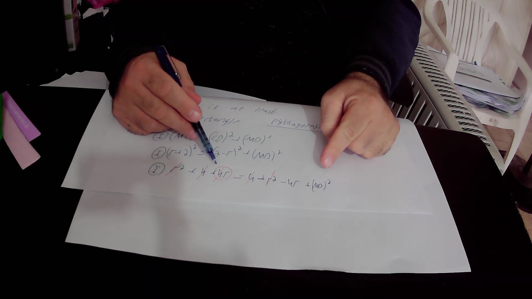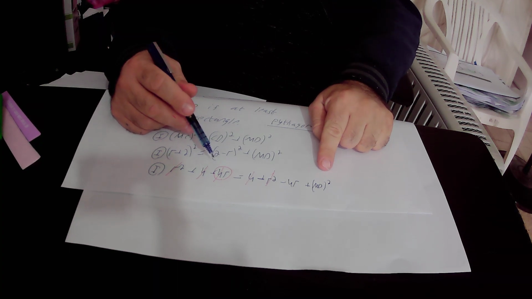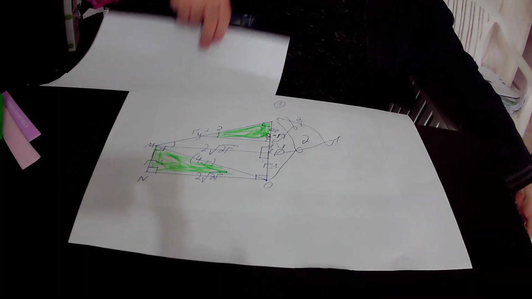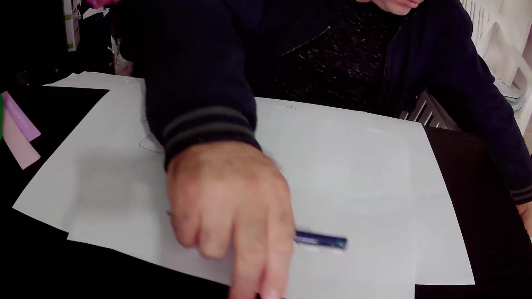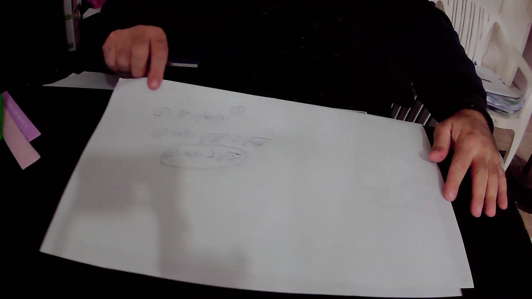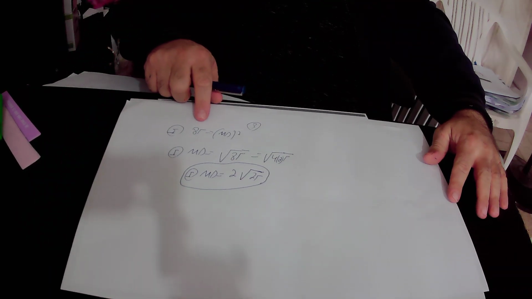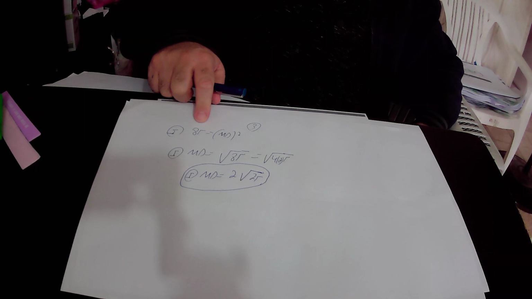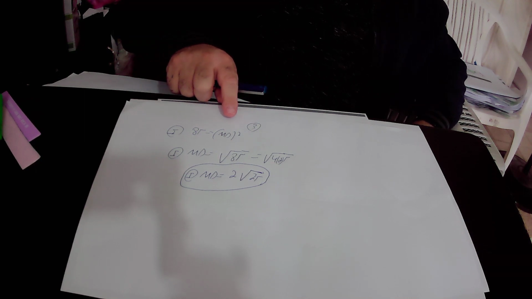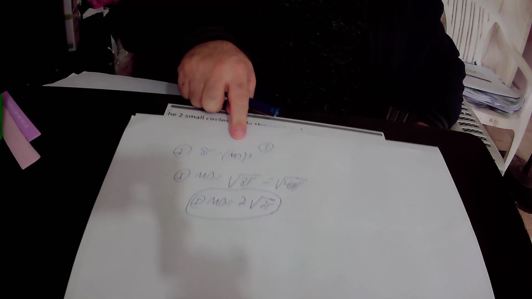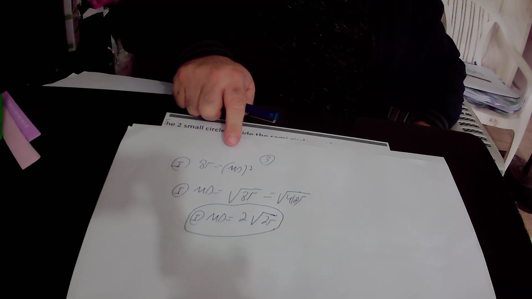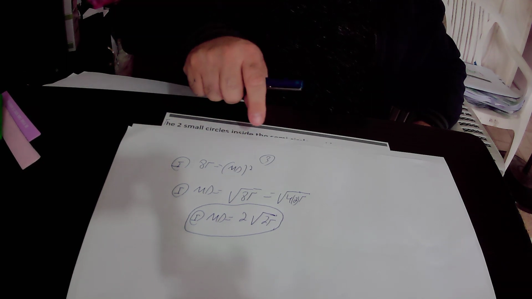We added 4R to this equation, and 4R plus 4R is 8R, so we get that 8R equals MD squared. So here we took a root from equation number 1, and we get that MD equals the square root of 8R.